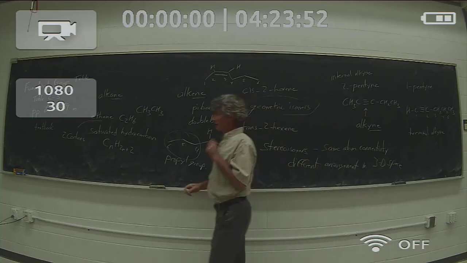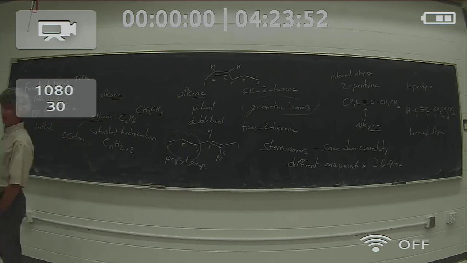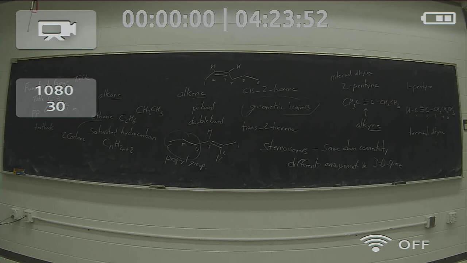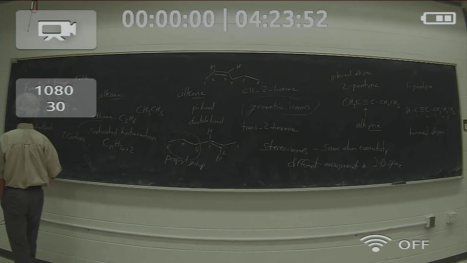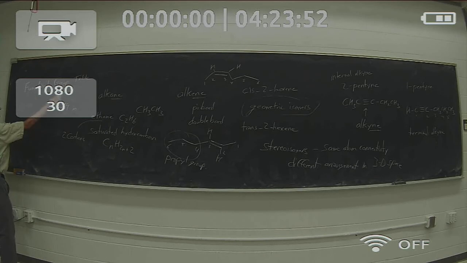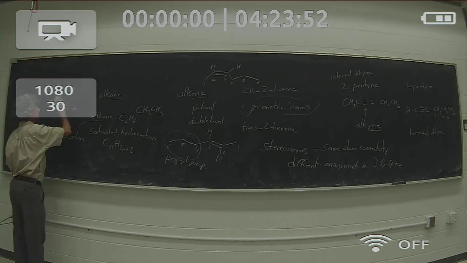So the ANE ending is a saturated hydrocarbon. The ENE suffix is an unsaturated hydrocarbon where 2 hydrogens have been removed and replaced with a double bond, and the YNE ending is a triple bond, 2 pi bonds, where 4 hydrogens have been removed and replaced with 2 additional pi bonds. But they're still hydrocarbons. Alkanes, alkenes, and alkynes are all hydrocarbons.